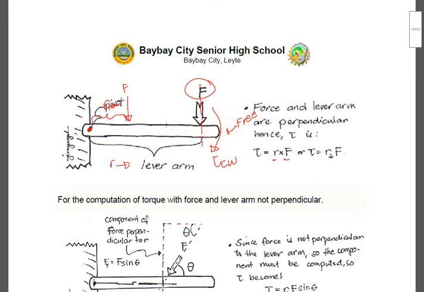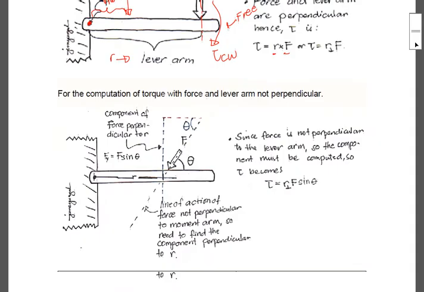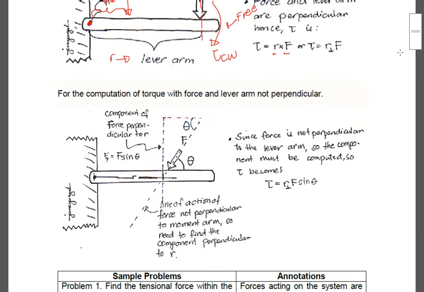Okay, so there are systems wherein the force and the moment arm are not perpendicular. In this case, they are perpendicular, so there's no problem with that. However, there are systems wherein the force and the moment arm are not perpendicular, say for example, this case.